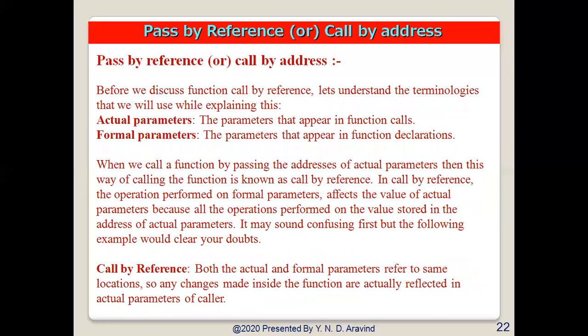Now let us see what pass by reference, or call by address, is. Here also we should be clear about what an actual parameter and a formal parameter are. The parameters that appear in the function call are called actual parameters, and the parameters that appear in the function declaration are called formal parameters. In this case, we call a function by passing the address of the actual parameters.